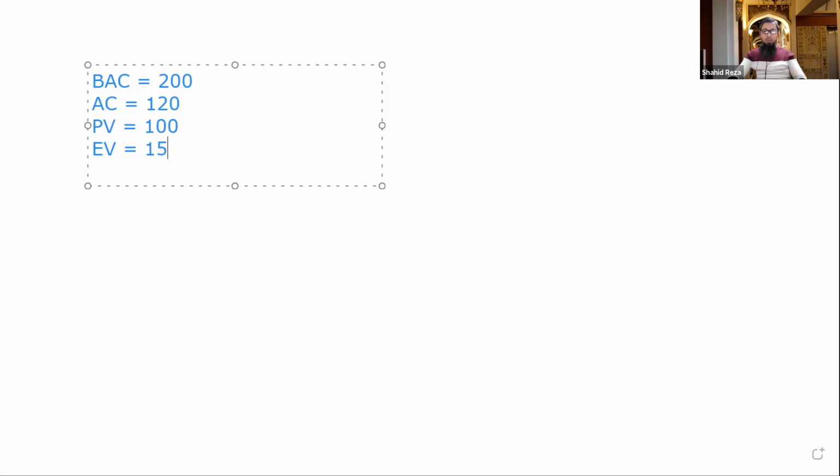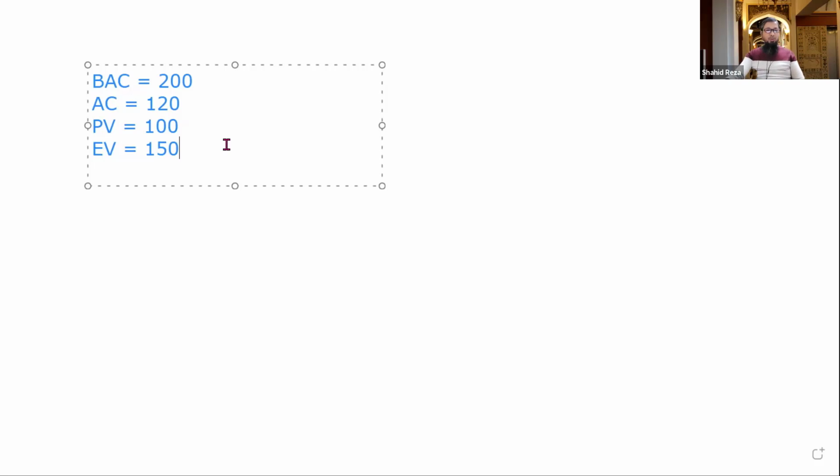We have earned $150 in value because we have completed 3 walls. In terms of dollars, $150 value we have earned so far after the second day. Have you understood this? Value means what we have really earned so far.